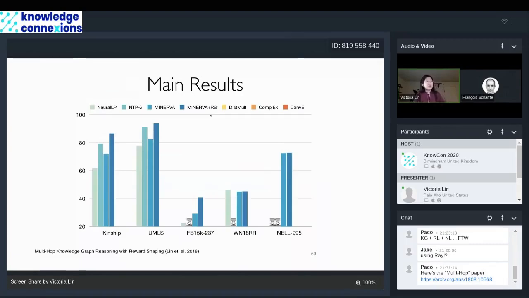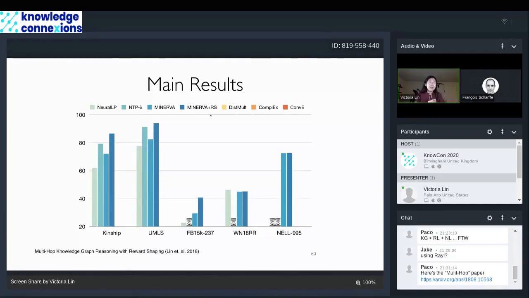As we see in the results, the dark blue bar is our algorithm, which basically combines vanilla policy gradient with reward shaping. We see our approach consistently improves over the state of the art for multi-hop reasoning compared to previous algorithms on all benchmarks. So it is comparable to or surpasses the previous state of the art.